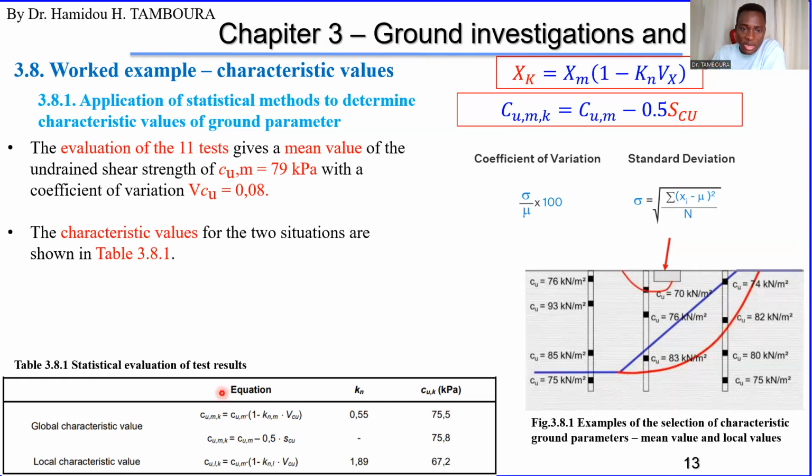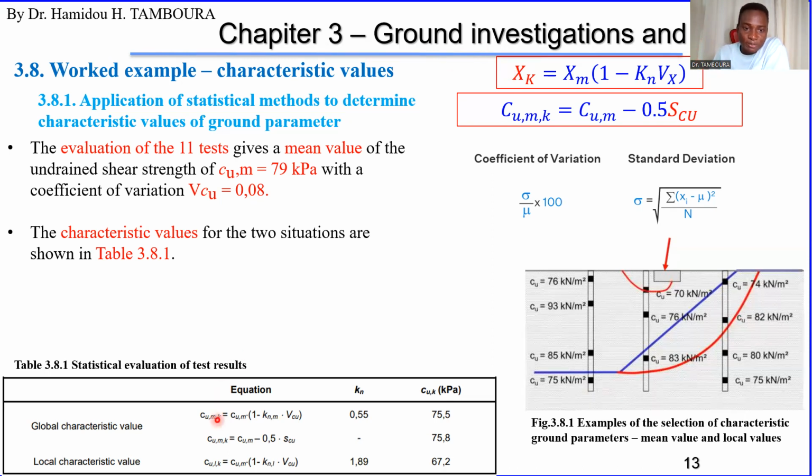Xk here, X is Cu. If you want to calculate undrained shear strength, then your X will be Cu. If you want to calculate the unit weight, for example, then your X will be gamma. Okay, that is the meaning.